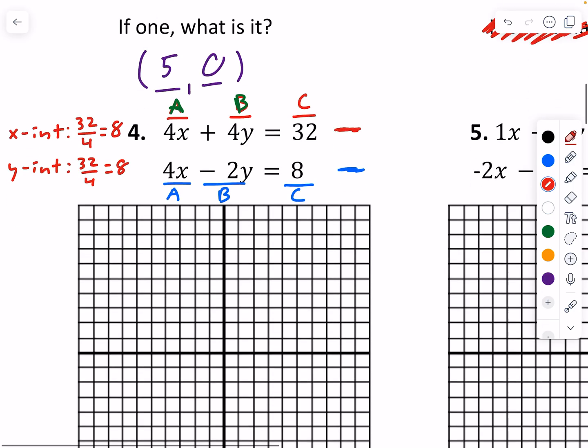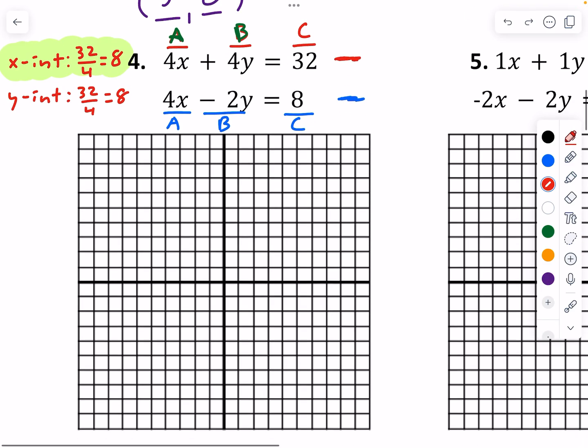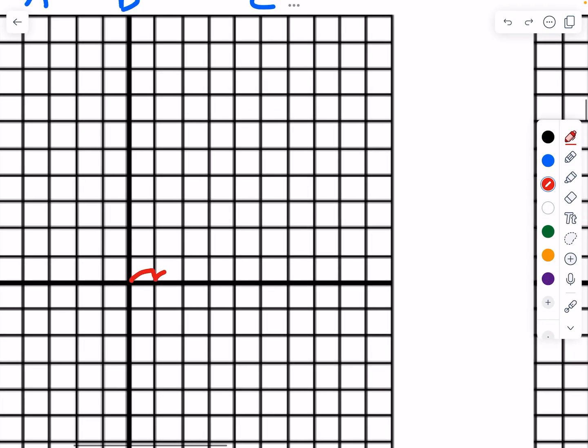So what that's telling me is for my x-intercept, let's pick some new colors, I'm going to go over to 8, which is right here, and I'm going to make a dot. So 8: 1, 2, 3, 4, 5, 6, 7, 8.